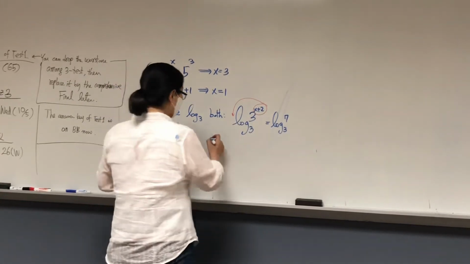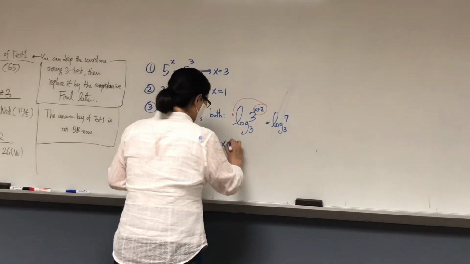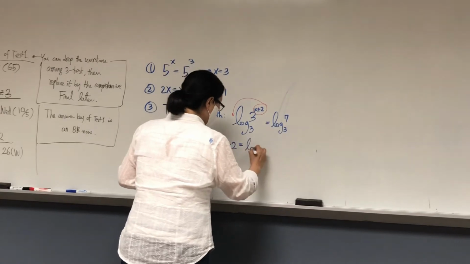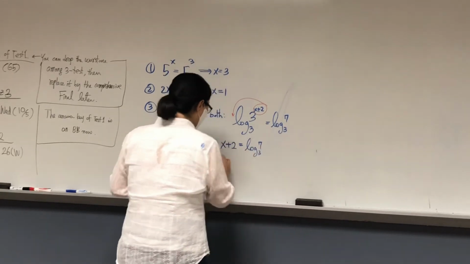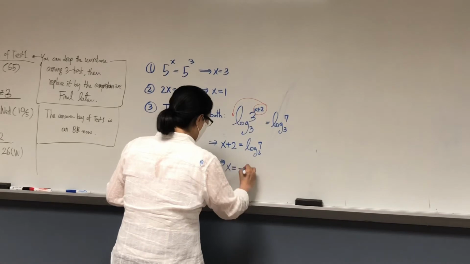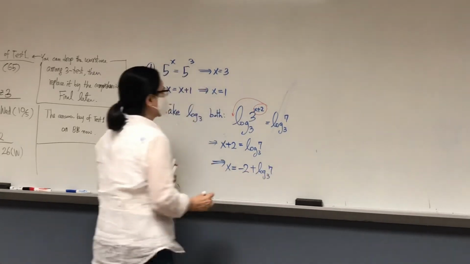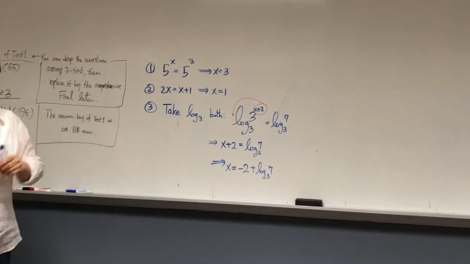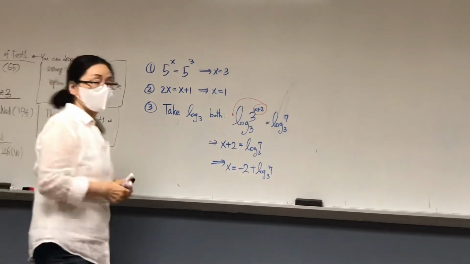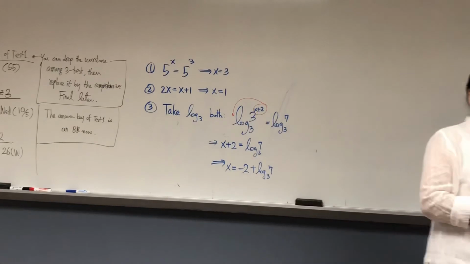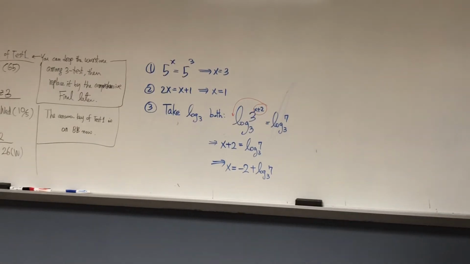Your left hand side becomes x plus 2 equal to log base 3 of 7. So what is your x? Yeah, nothing hard. Or you can use the conversion, but it's fine.